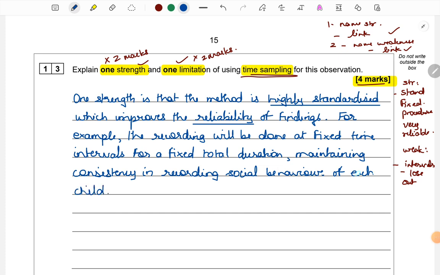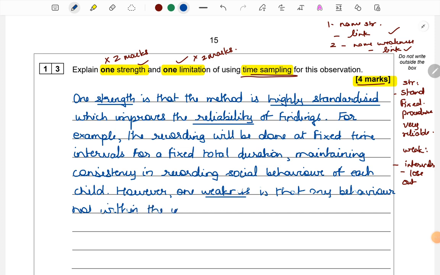Okay, now I'll come to the next point. However, one weakness is that any behavior not within the interval of recording will go unnoticed. So it will go unrecorded, limiting the scope of findings.